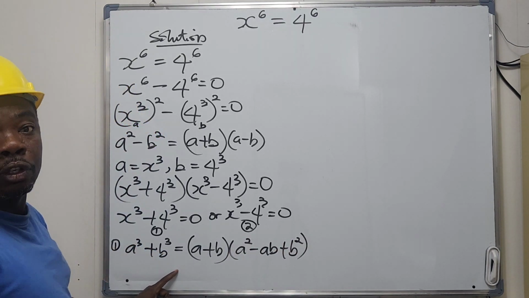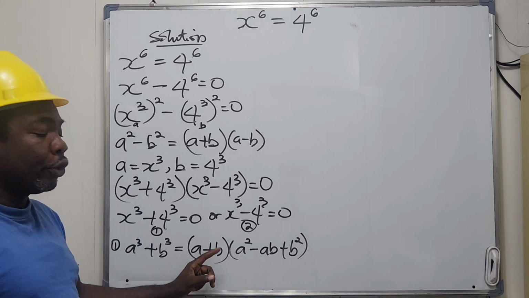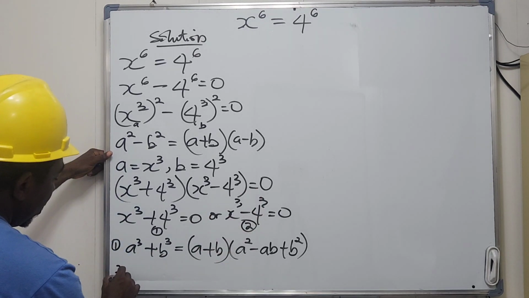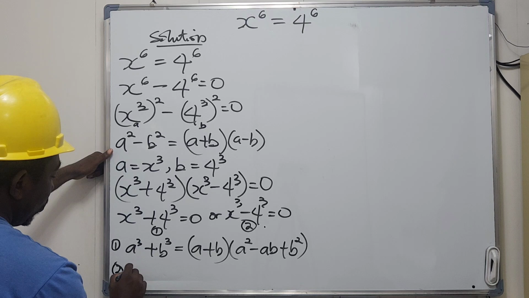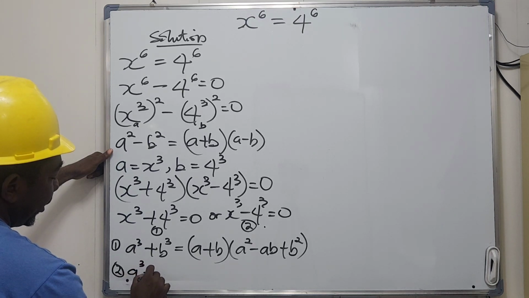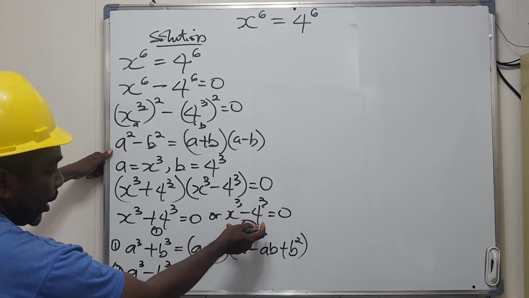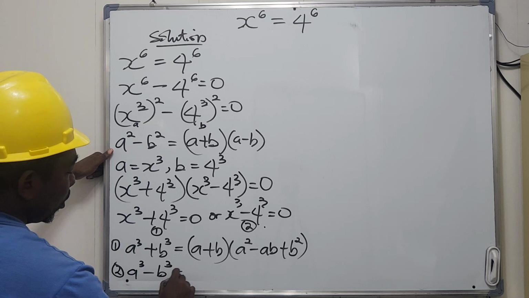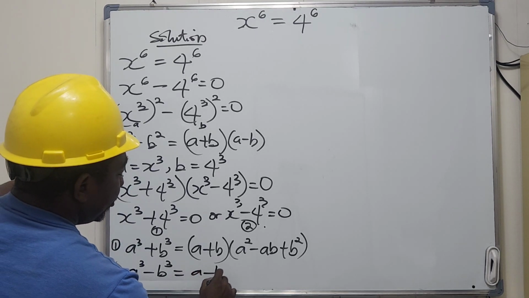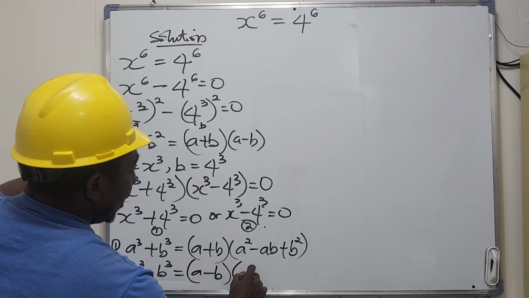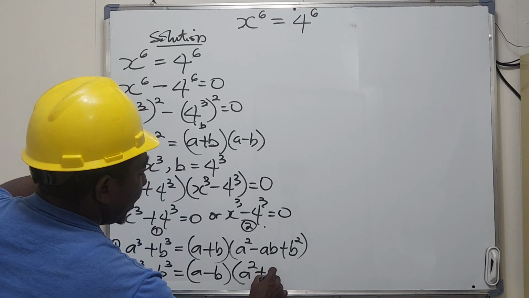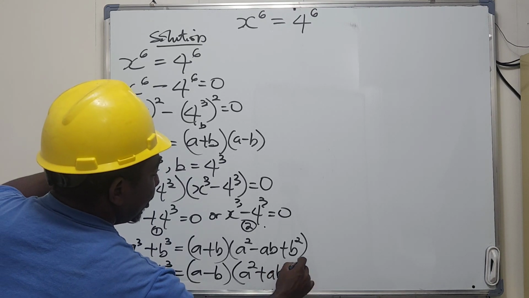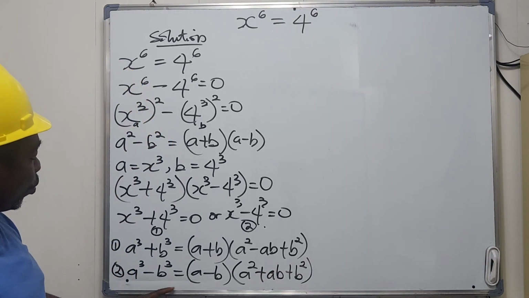This is the solution of addition of two cubes. Then the second one will be a to the power of 3 minus b to the power of 3. That is this form, which equals a minus b all into a to the power of 2 plus ab plus b to the power of 2. This is what we have here.